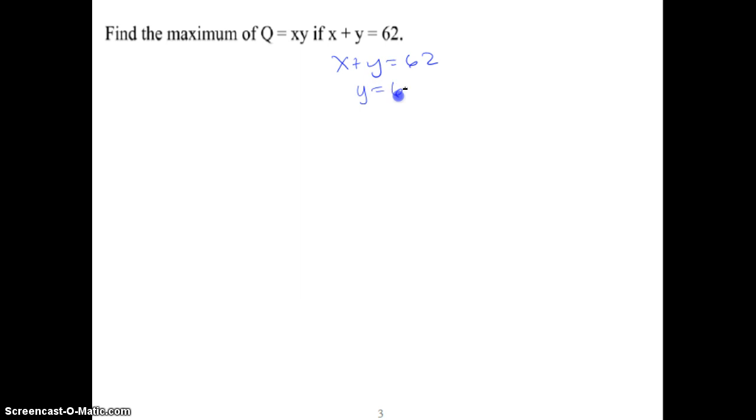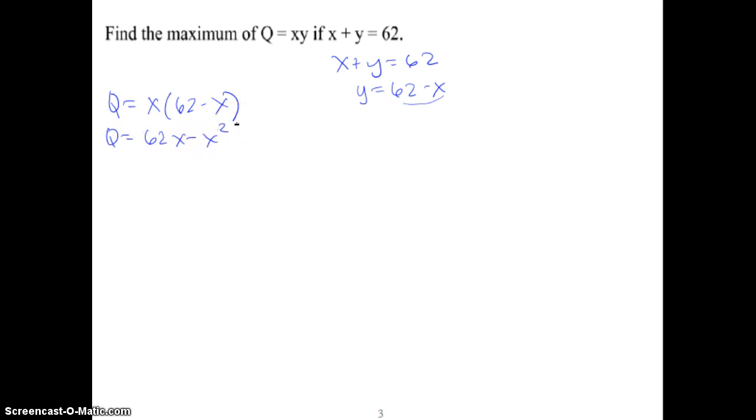So y equals 62 minus x. Now we can plug this in for y in q. So instead of being xy, q is going to be x times 62 minus x, so that is also 62x minus x squared.